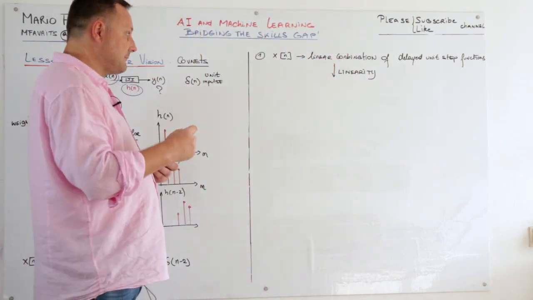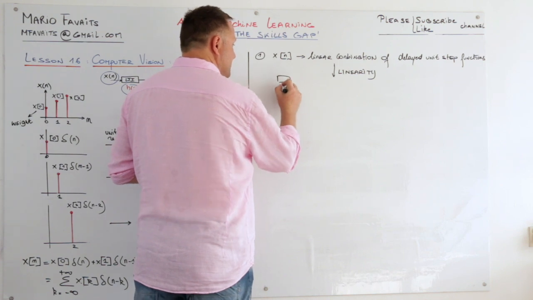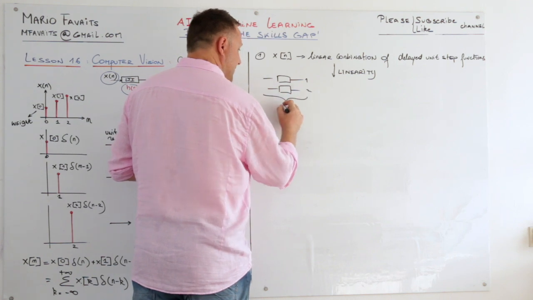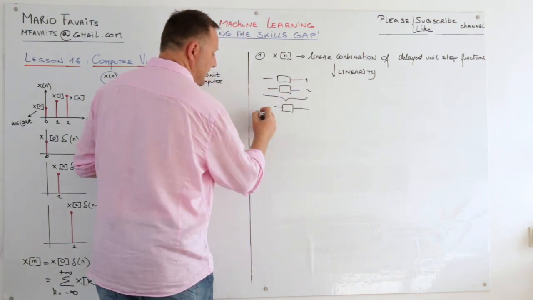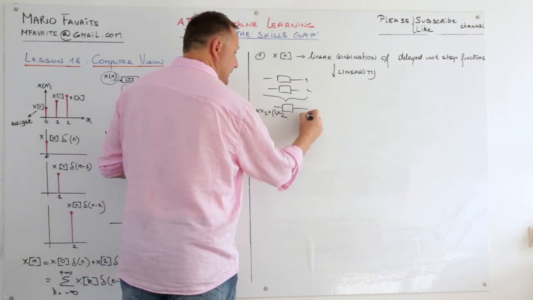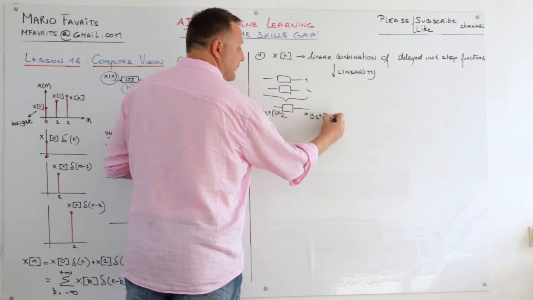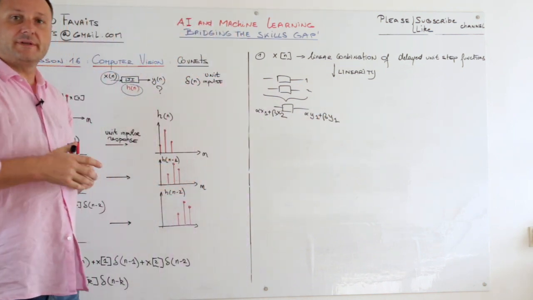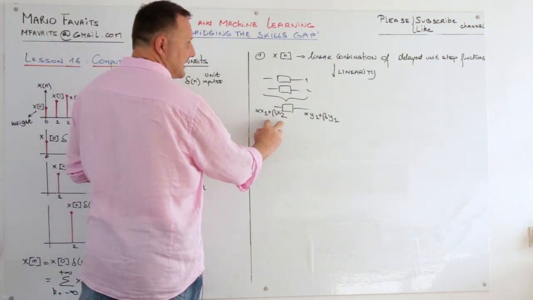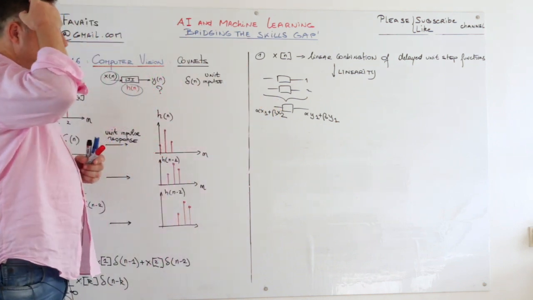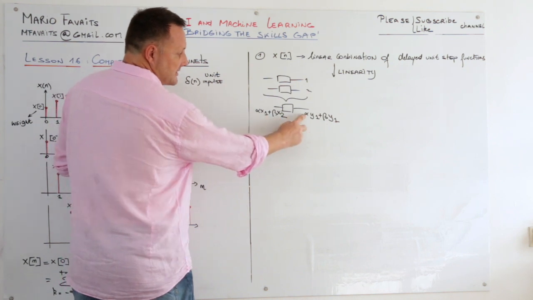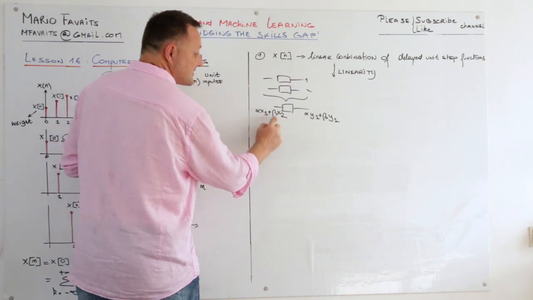That was linearity. Remember, we had two systems, this system 1, this system 2, and here we had a third system. Alpha x1 plus beta x2 resulted in alpha y1 plus beta y2. This was the linearity feature. So a linear combination of delayed unit step functions results in a linear combination alpha, beta of the responses.